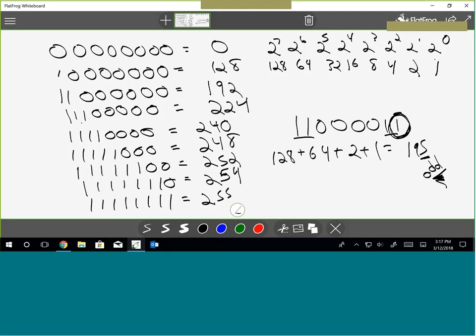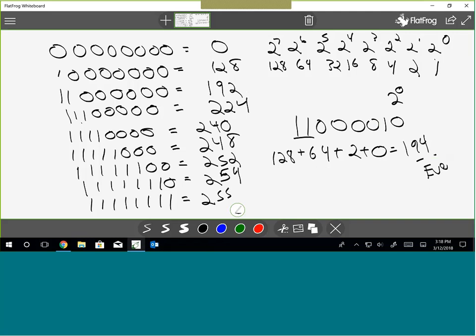Now, if this position is off, then it would be 194, right? So if the 2 to the 0 position is off, the decimal number should always be even. If it's on, it should be odd.